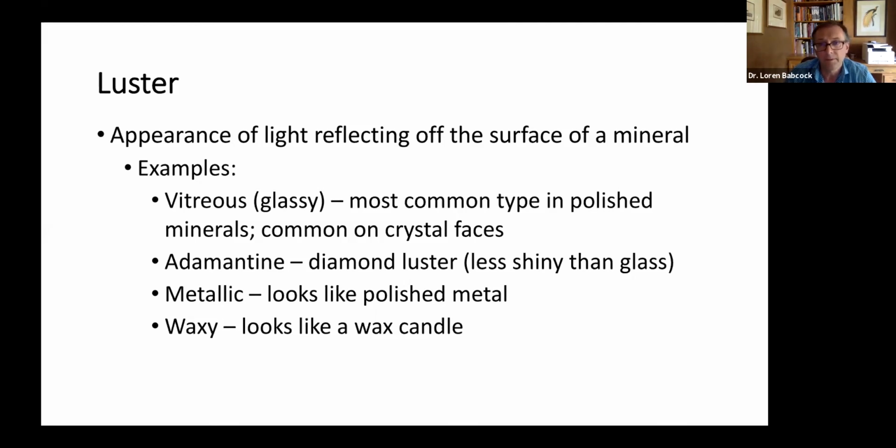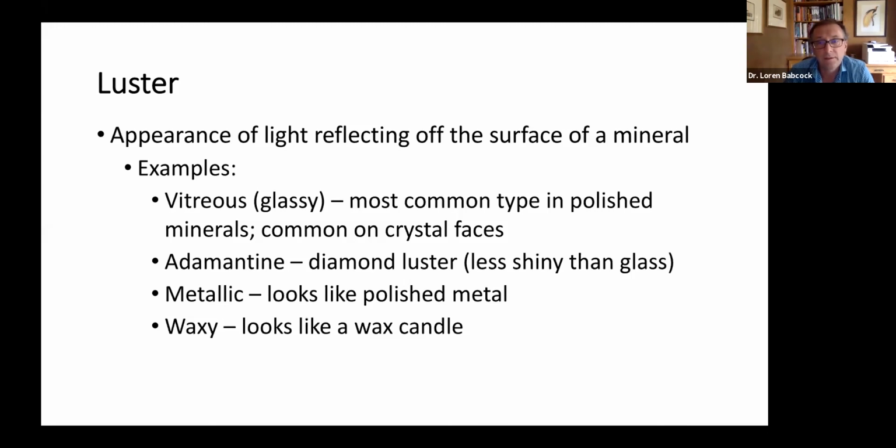And believe it or not, a diamond is less shiny than glass. The surface, that is to say, when you see light reflecting off of the surface of a diamond, it will look less shiny than the light reflecting off of a polished piece of glass. And it actually looks kind of like if you took polished glass and then smeared some petroleum oil on it, or put some Vaseline on it.